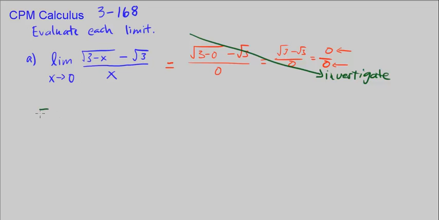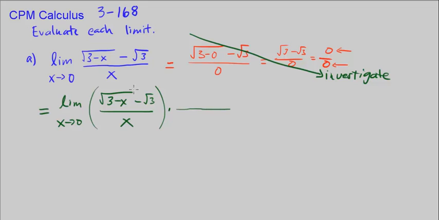So this is the limit as x approaches 0 of square root of 3 minus x minus square root of 3 over x. I want to multiply this whole thing by 1, and I'll represent 1 as the conjugate: square root of 3 minus x plus square root of 3, in the numerator and the denominator.